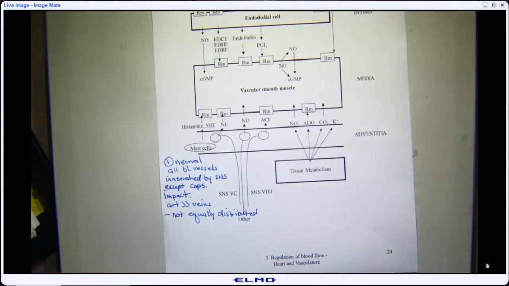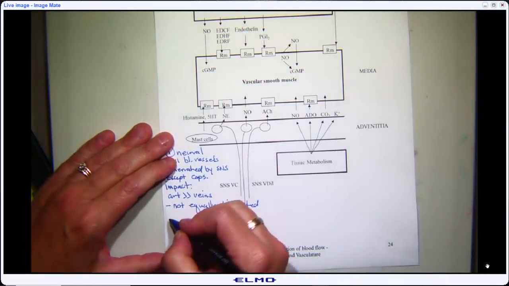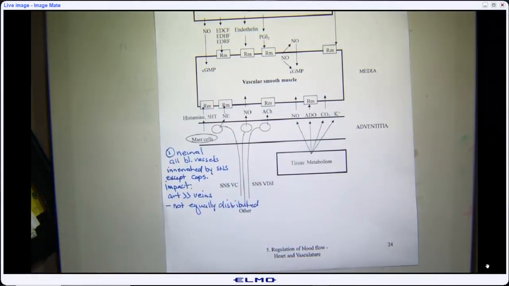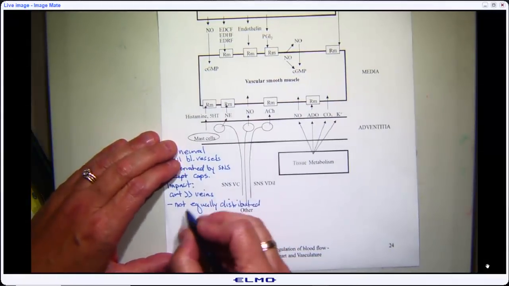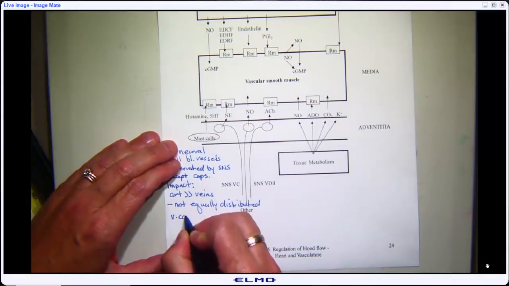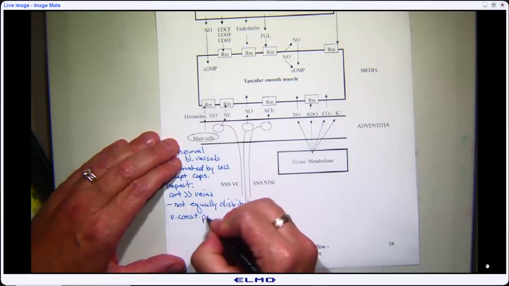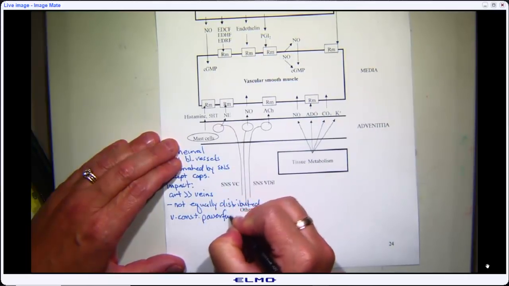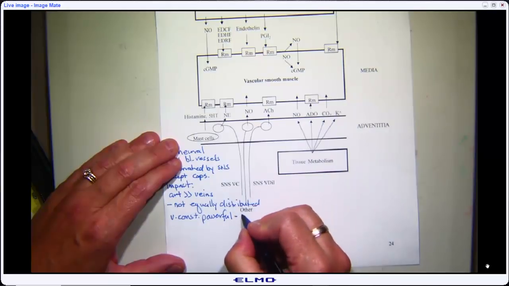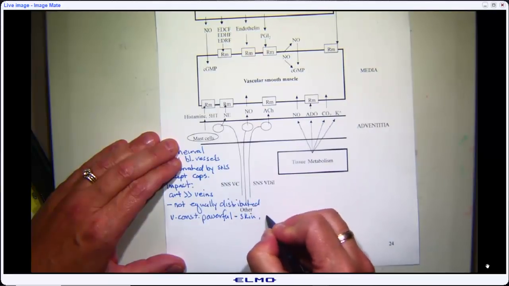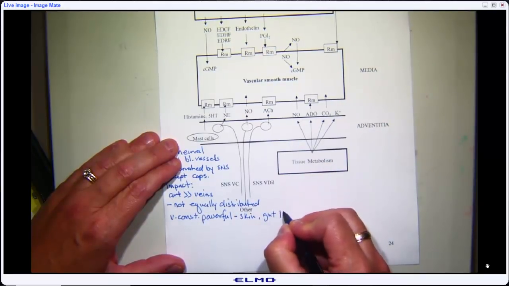Okay, so the nerves are not distributed equally. For example, vasoconstriction is quite powerful in the skin, the gut, and the kidney, right? So we have very powerful control over arterioles there.